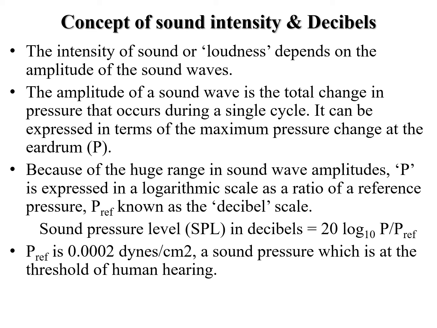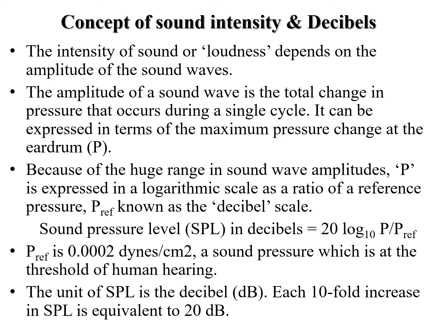The ratio of the incident pressure, or P, and the P reference, when taken as a logarithm to the base 10 and multiplied by 20, gives our value in decibels for that sound.